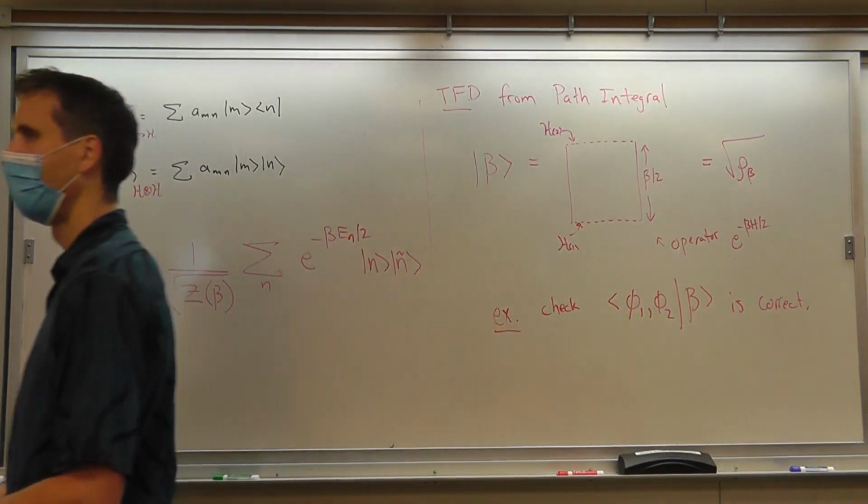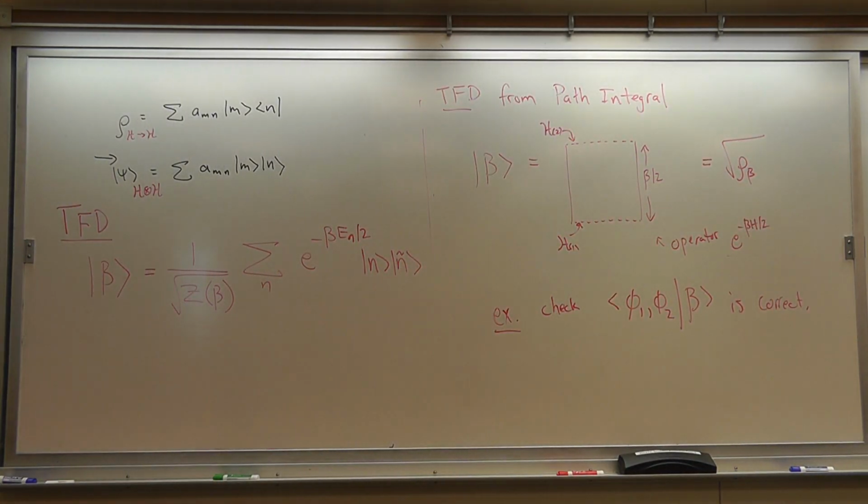Yeah. So the state has a ket structure and the operator has a bra-ket structure. And do you have to complex conjugate something in the path integral? You do.